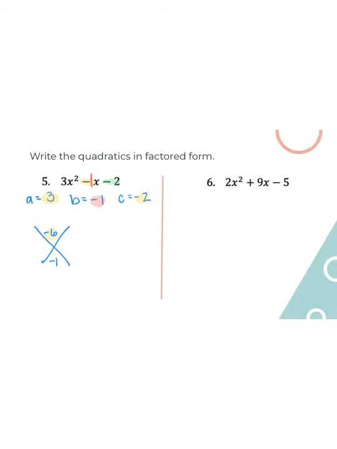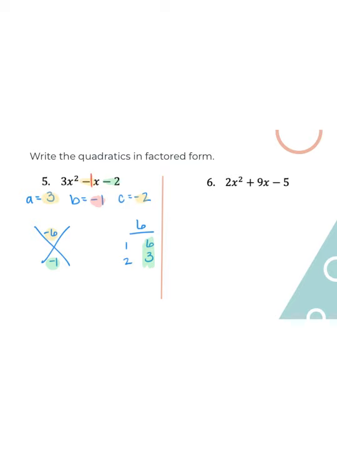I'm going to find all my factors of 6. So I know 1 and 6, 2 and 3, and that is it. Okay, remember that little trick I showed you that if your bottom number is a negative, that means your bigger of the two has to be negative.